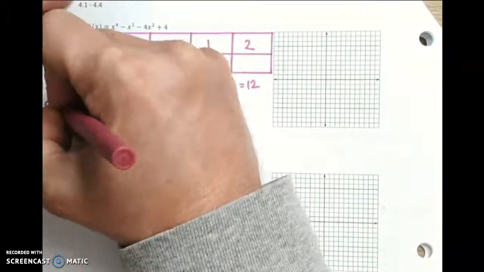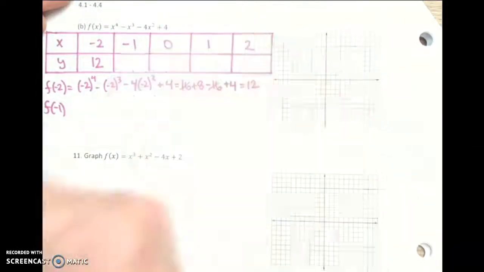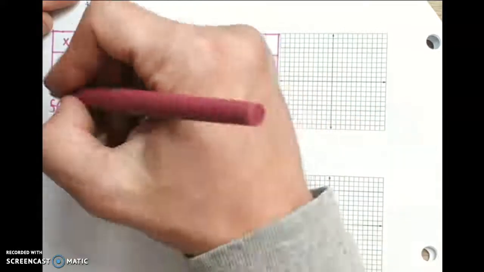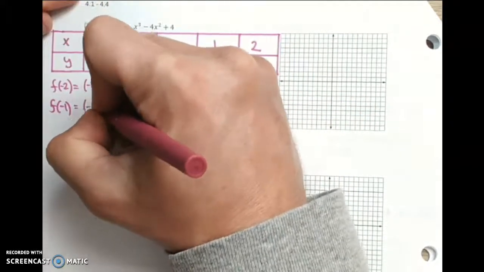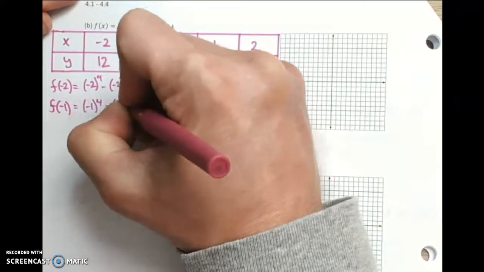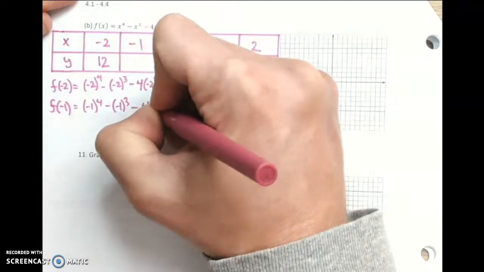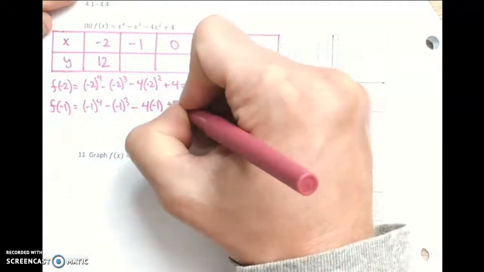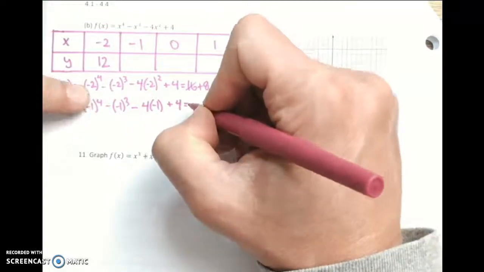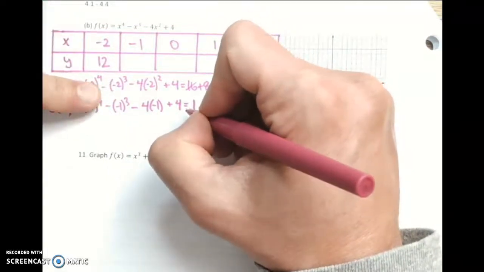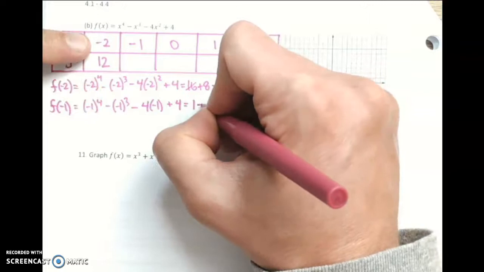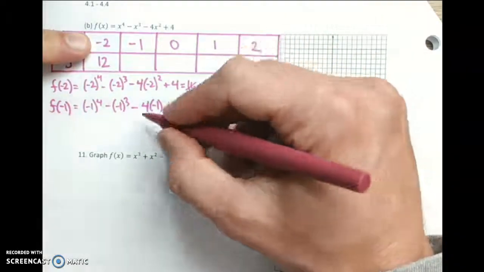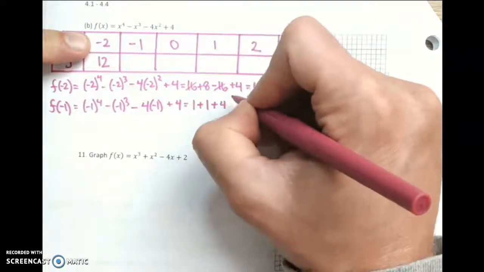F of negative 1, right? Plug it into that function right there. So here we go. Negative 1 to the 4th power minus negative 1 cubed minus 4 times negative 1 plus 4. Okay, negative 1 to the 4th power is 1. Minus 1 cubed is negative 1, but minus negative is plus, so plus 1. And then I actually got plus 4.